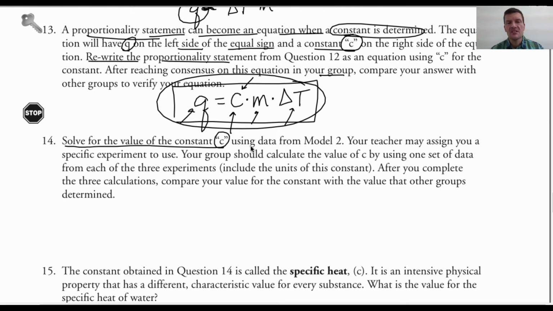We'll plug in some actual data if we want to, and look at what that C value is representing.